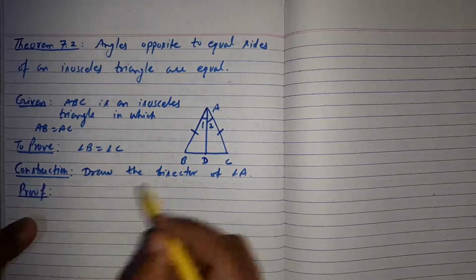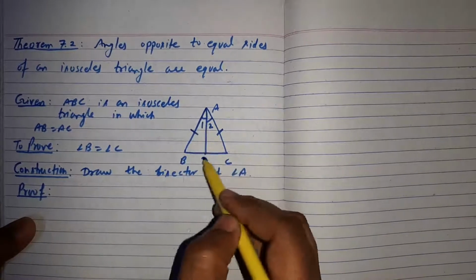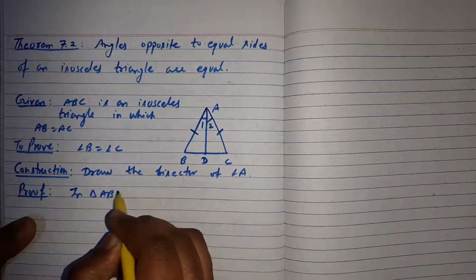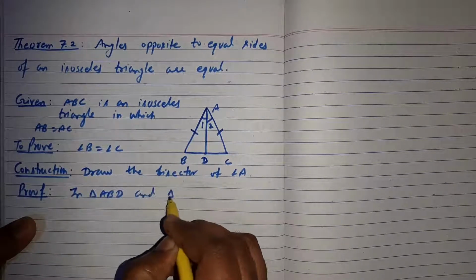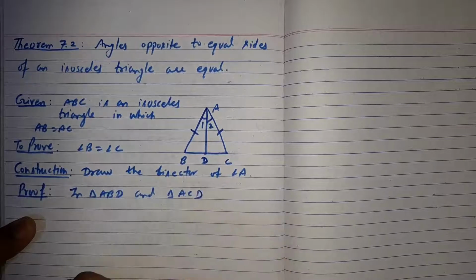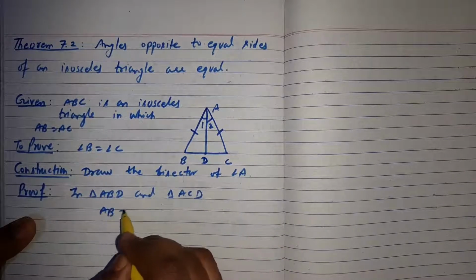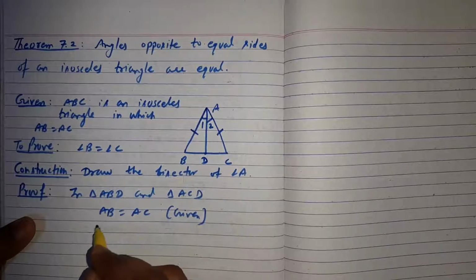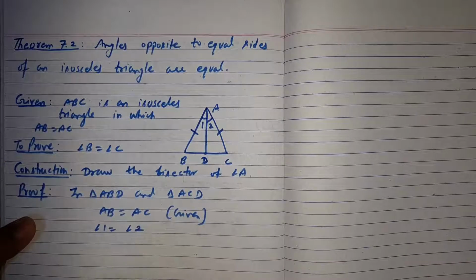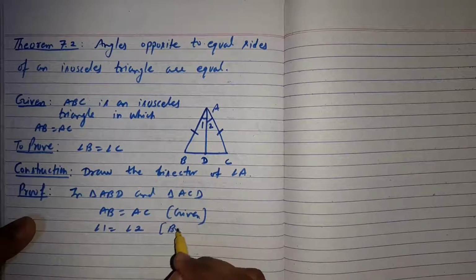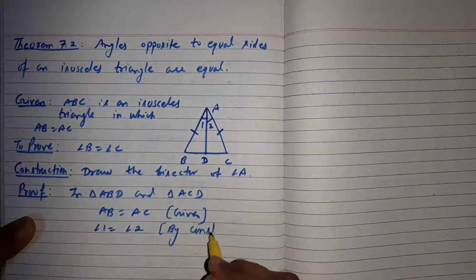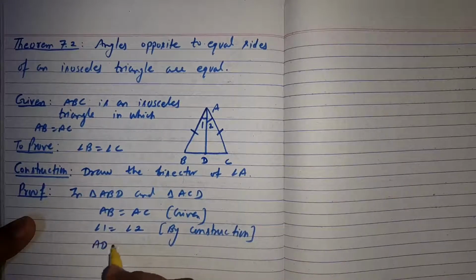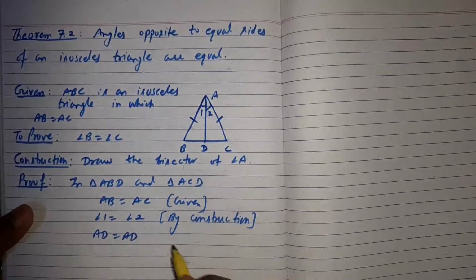Now see the triangle ABD and triangle ACD. In triangle ABD and triangle ACD, AB is equal to AC, given. Angle 1 is equal to angle 2 by construction, and AD is equal to AD, common.